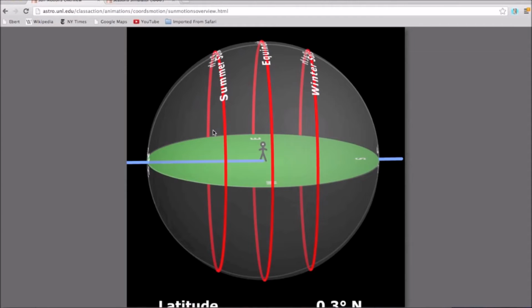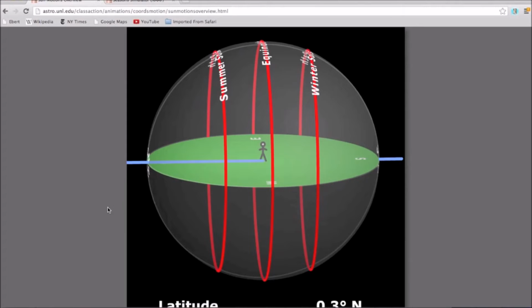But the summer solstice still rises north of east and sets north of west, and on the winter solstice, the sun will still rise south of east and then set south of west. On either of those days, the sun will not get directly overhead. Remember, for somebody at the equator, that only occurs on one of the equinoxes.